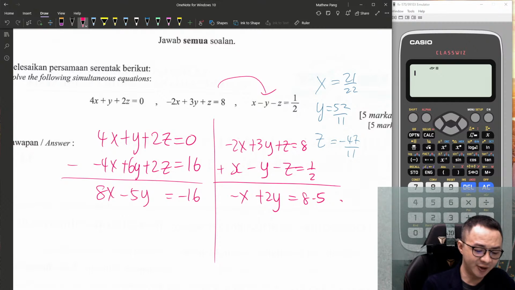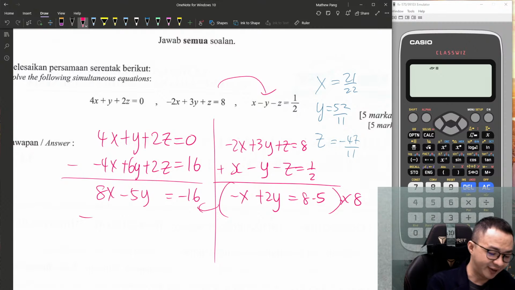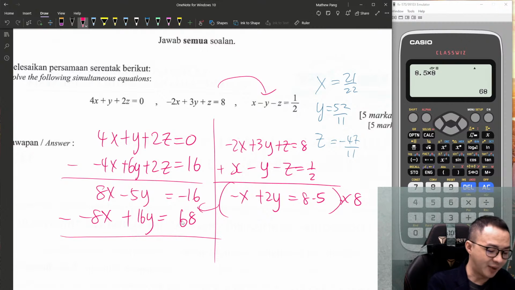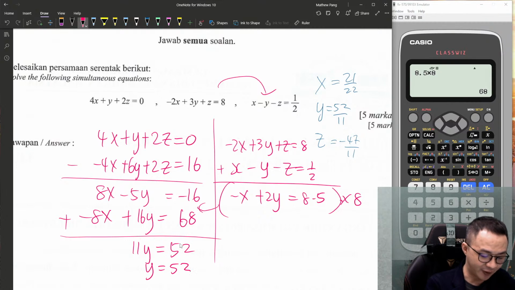So this equation I'm going to multiply 8 to make it -8x plus 16y, 8.5 multiply 8 is 68, and then I'm going to plus them. If I plus them, I should get 11y, and this one should get 52. So y is 52/11. Nice, I got the first answer, correct.